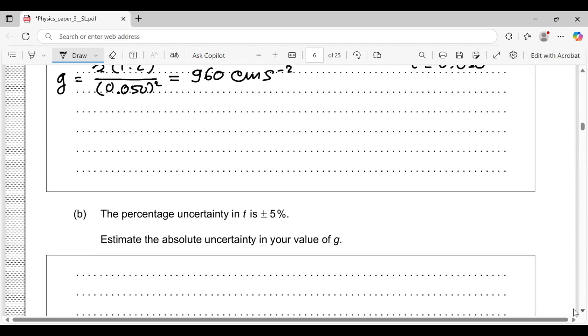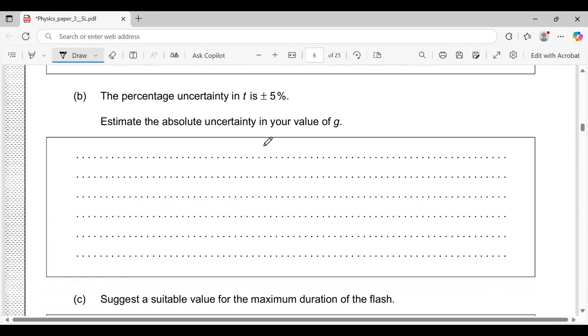Next question. The percentage uncertainty in T is 5%. Estimate the absolute uncertainty in your value of g. From part A, we have the formula g equals 2s over t squared.